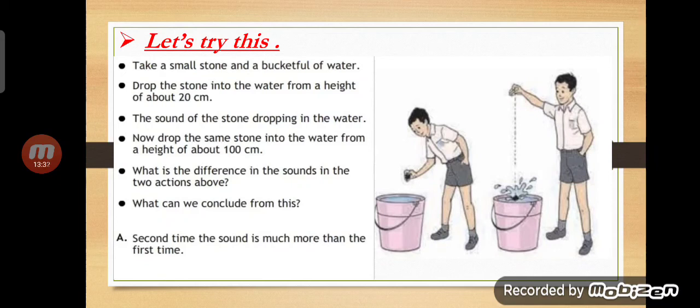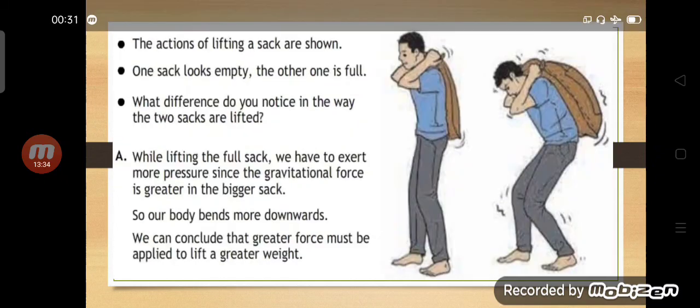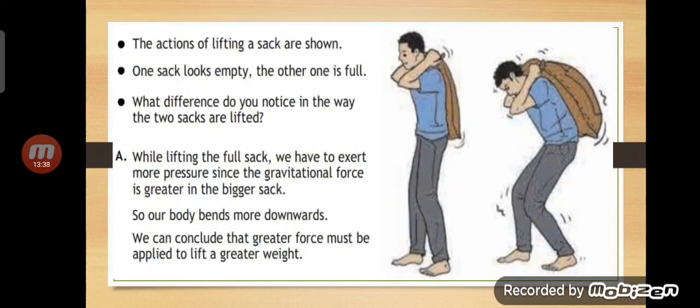Now the next activity, children: the action of lifting a sack is shown. One sack looks empty and the other one is full. What difference do you notice in the way the two sacks are lifted? What is the correct answer?